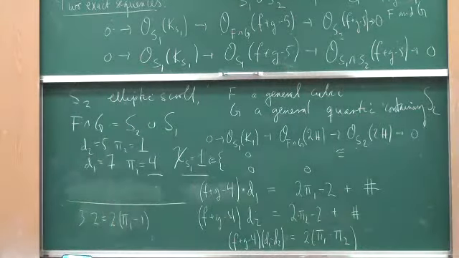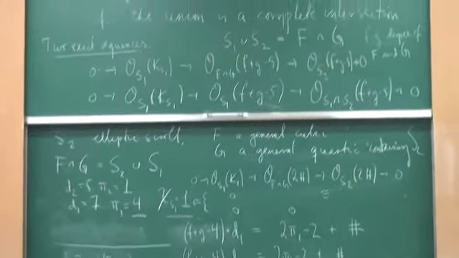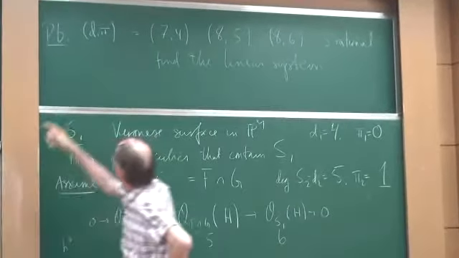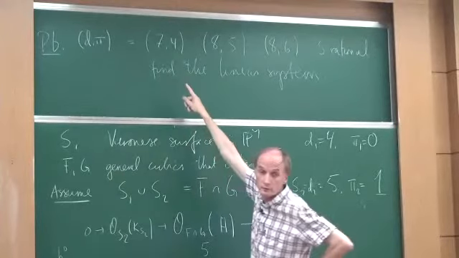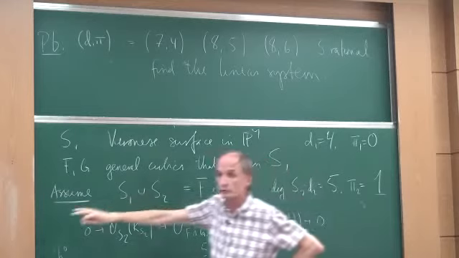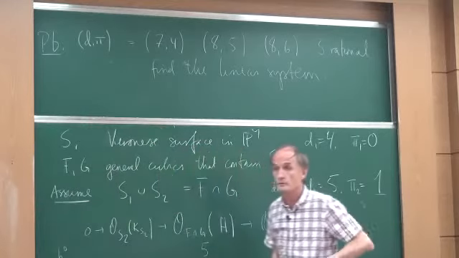Rational surface. And so now it's time actually to look at these cases here. Because 7, 4, that's exactly what I'm looking at here. Degree 7, pi 1 is equal to 4. That's exactly the kind that I'm looking at there. So this is a construction of such a surface.